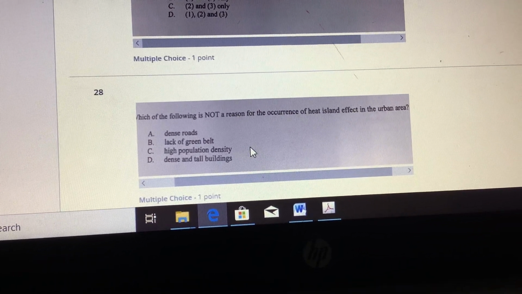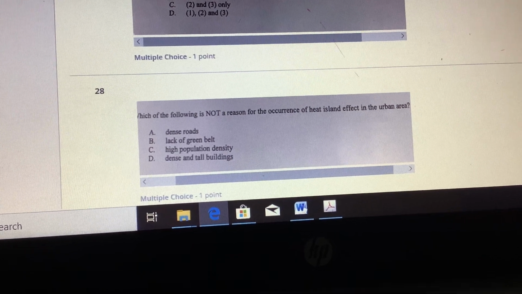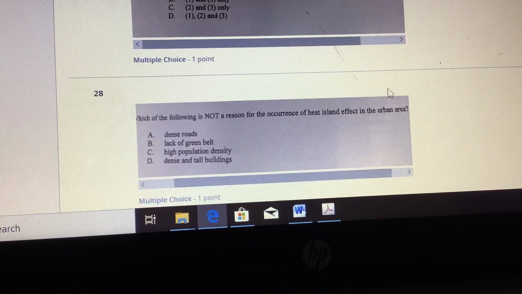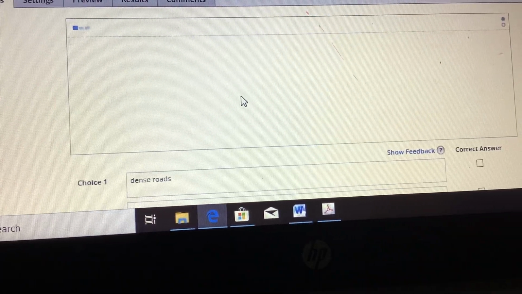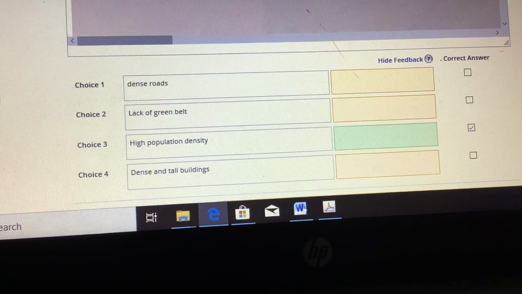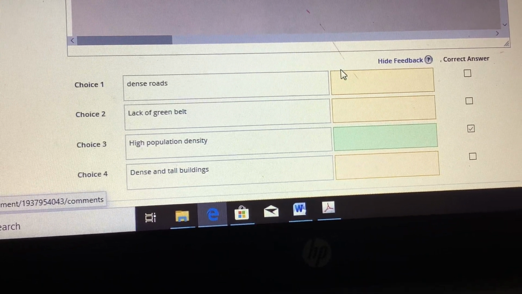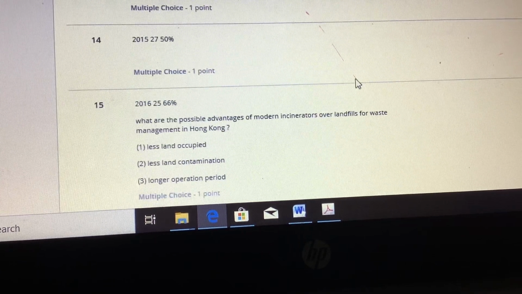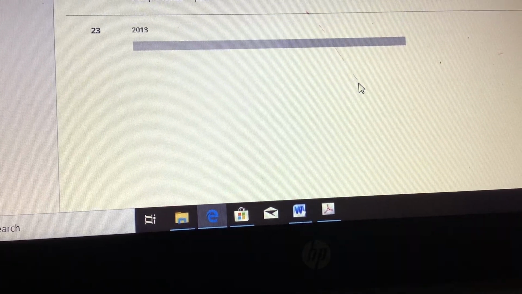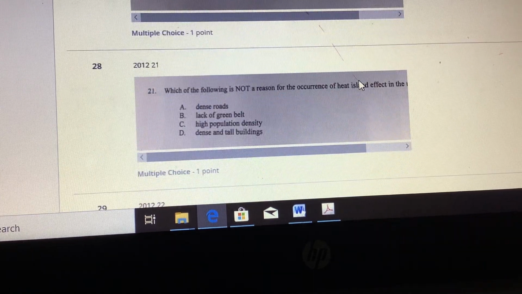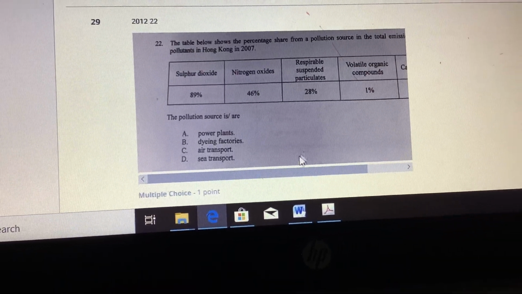The engine from the car is even hotter than human beings. I think it should be C, right? Yeah, C, which is choice 3. Okay, whatever. Next one. Keep going. Come on, be quick.